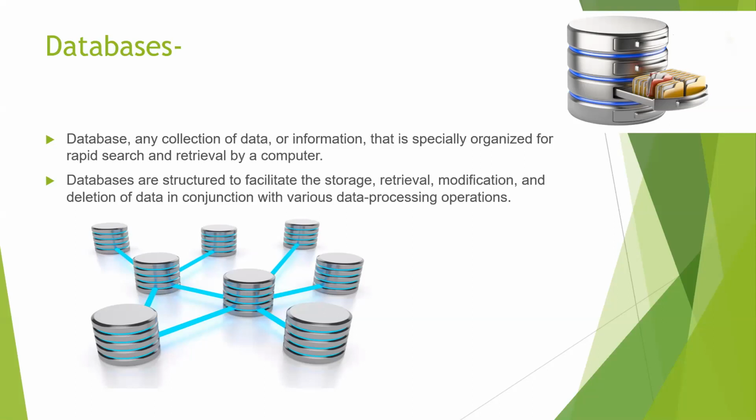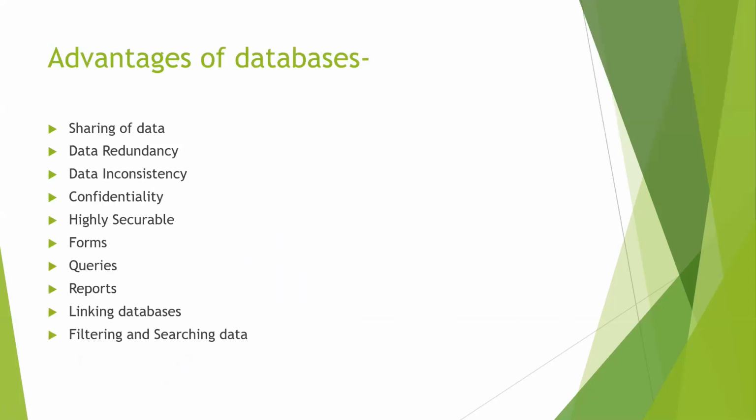We have these sky blue colored links between the databases also, connecting different stacks of your database. So what it is saying is that every level of your database can be shared. It depends on how much access you want to provide to any user. So sharing of data is possible with the help of these databases.